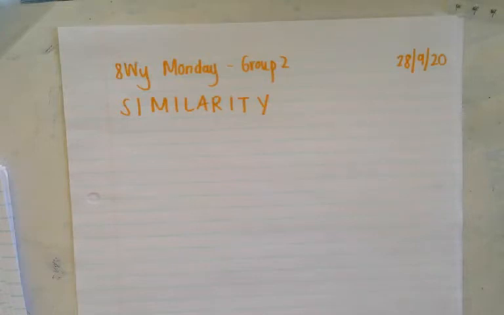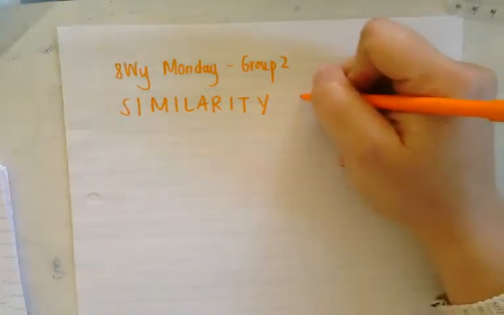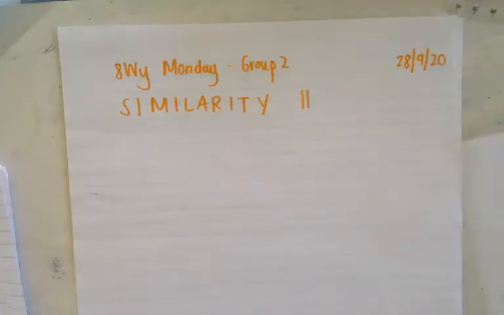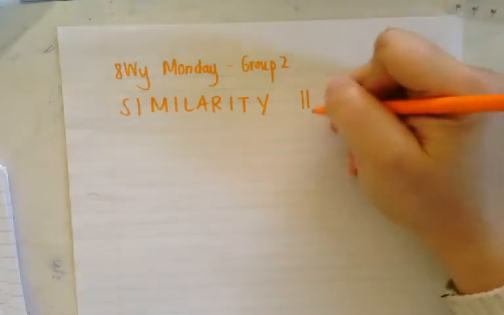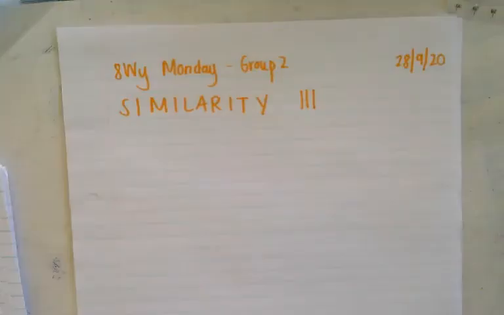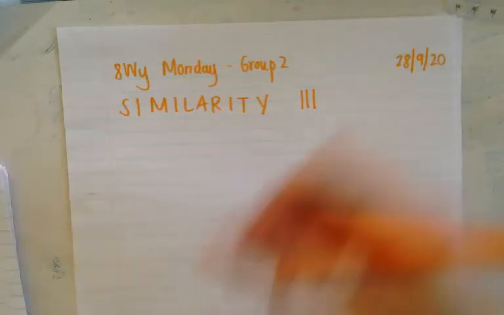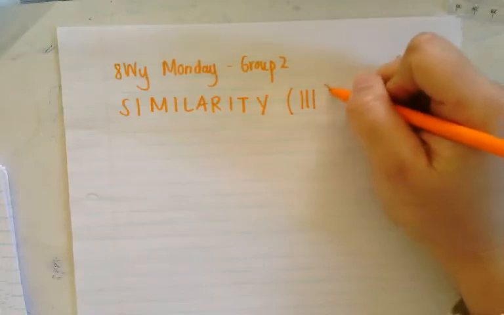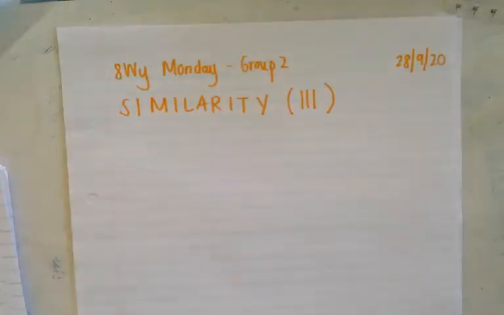So when you see it, you need to know that I'm referring to similarity. Now, parallel lines were two lines like that. Similarity has a third line. So whenever you see three vertical lines, I am referring to similarity. So that is the unique symbol for similarity.